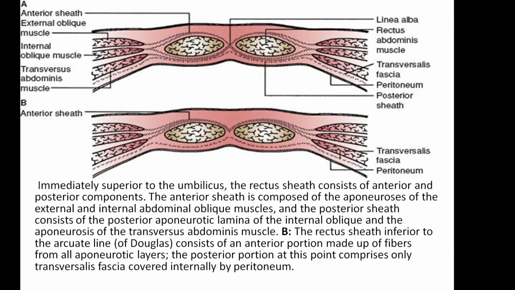Immediately superior to the umbilicus, the rectus sheath consists of anterior and posterior components. The anterior sheath is composed of the aponeurosis of the external and internal abdominal oblique muscles, and the posterior sheath consists of the posterior aponeurotic lamina of the internal oblique and the aponeurosis of the transversus abdominis muscle.